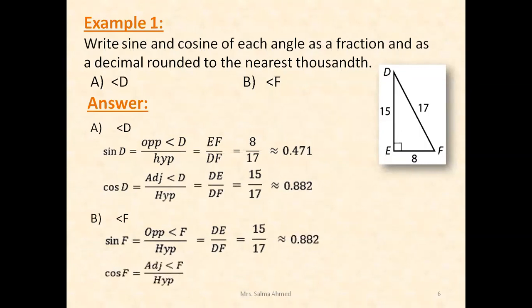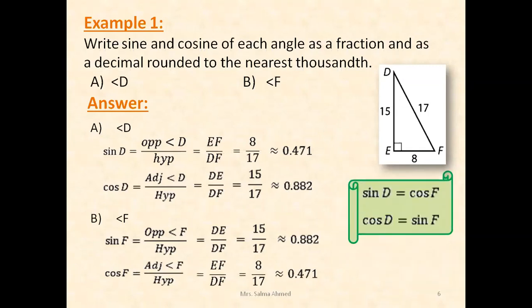Now cosine F will be the adjacent side for the angle F, which is EF over DF. So adjacent over hypotenuse equals EF over DF, which is 8 over 17, and gives me 0.471.